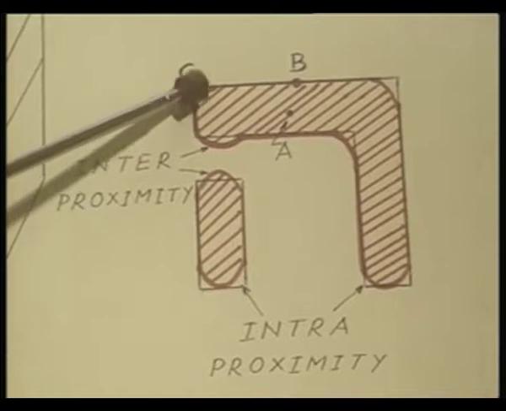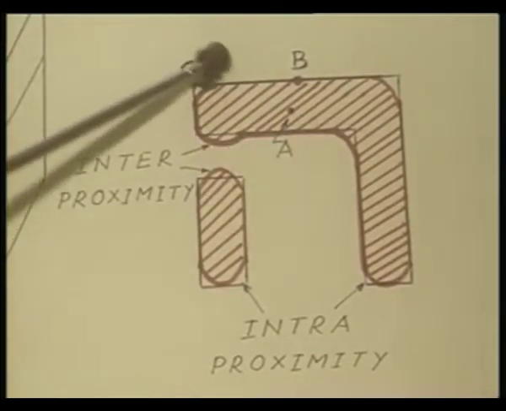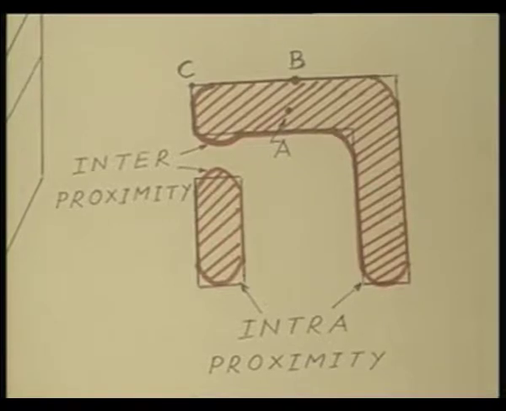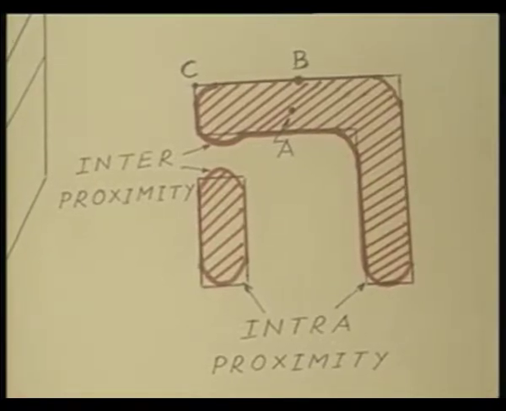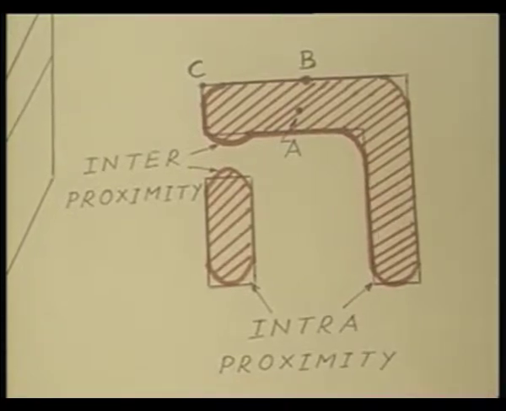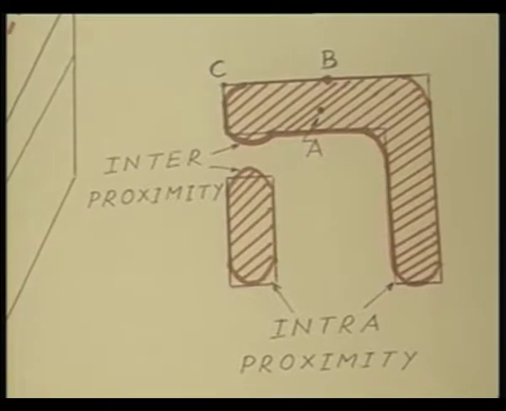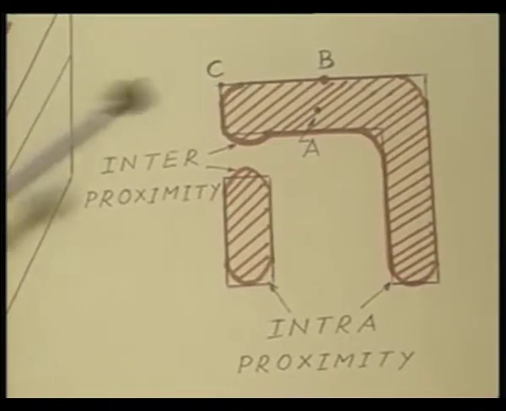Point C is at one corner and therefore, compared to point A, it is receiving only 1/4 of the total E-beam radiation.